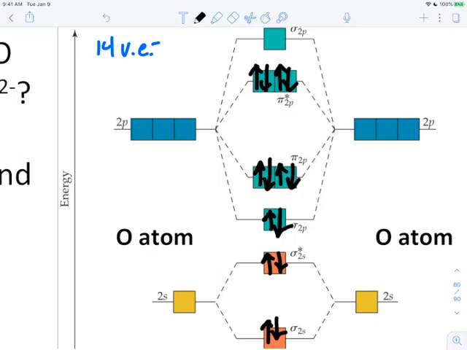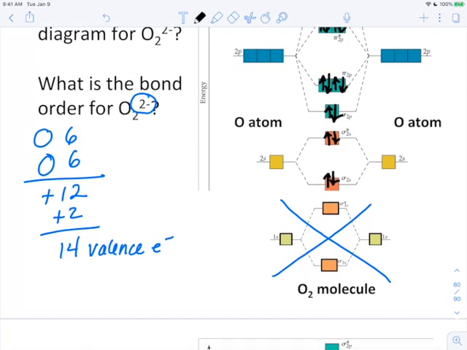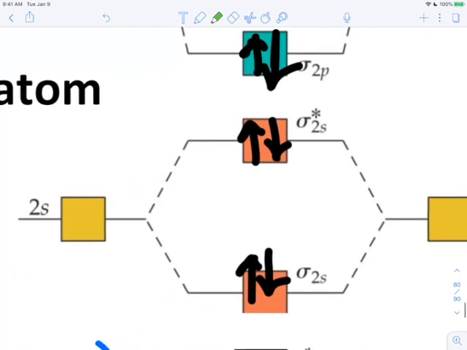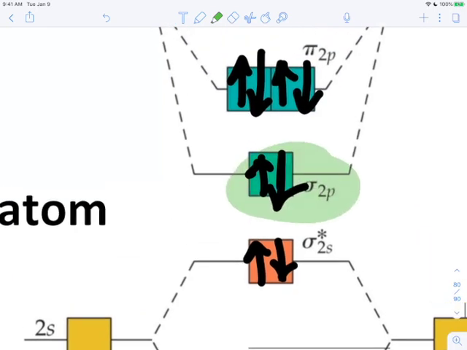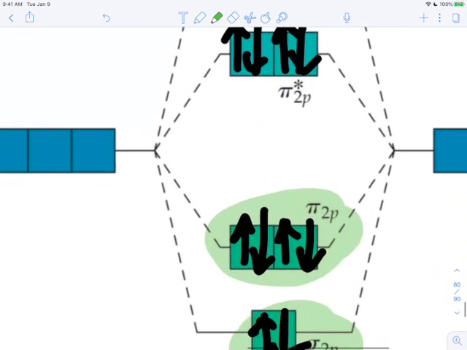Now we're going to do our bond order. I'll go ahead and put it right down here. So bond order equals 1/2. And I'm going to count up the bonding first. So here it looks like I got 2 electrons. Now 4, 6, 8 electrons. It looks like we have 8 bonding.